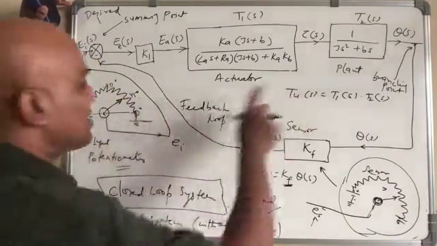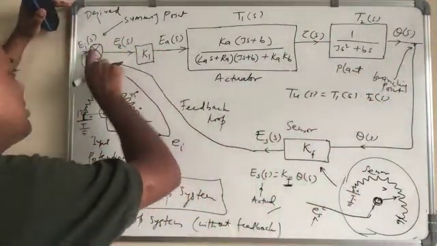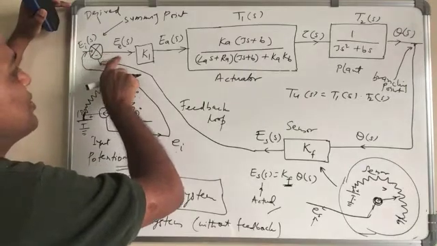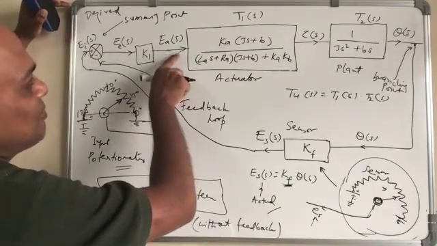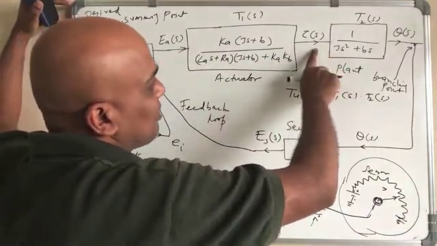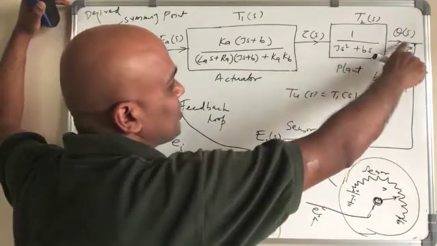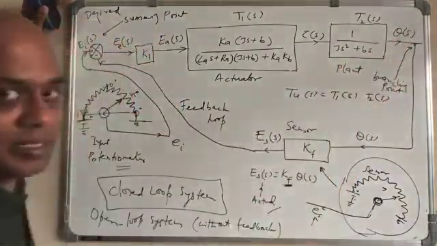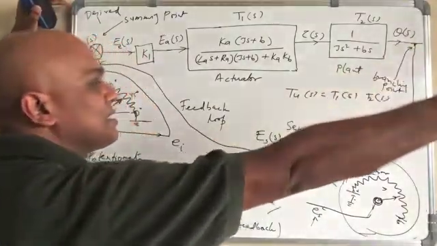If the desired position and the actual position are the same, the total voltage will be 0. Hence the input is 0 and the output will be 0. Since there is no input at all, it will remain where it is.